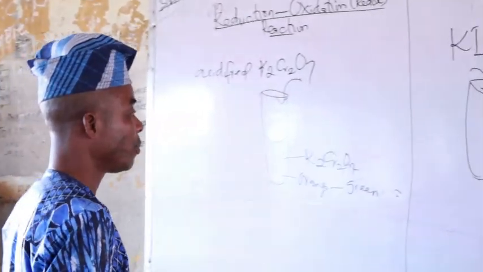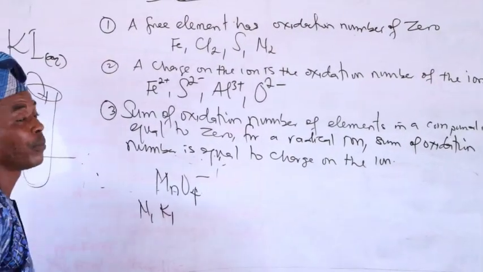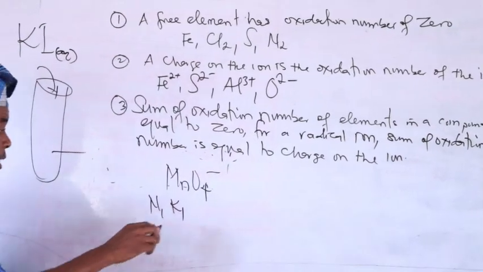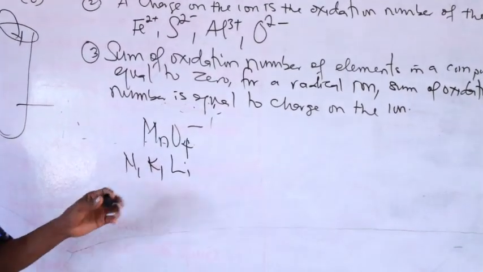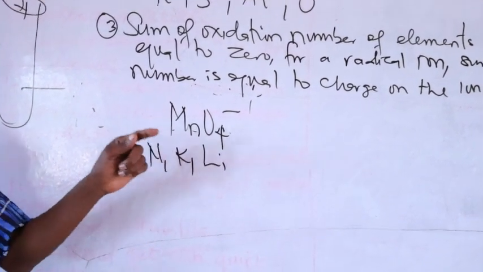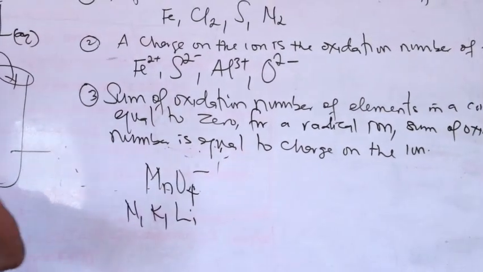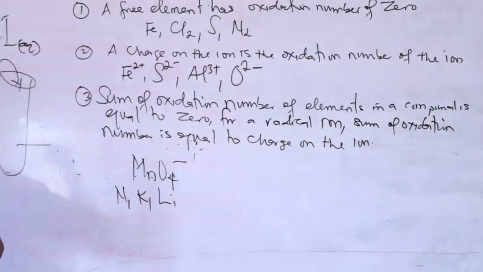Elements like sodium, potassium, and lithium are in group 1, and each of these atoms will ionize by loss of electron. That means when they combine, they usually use their outer electron to combine.